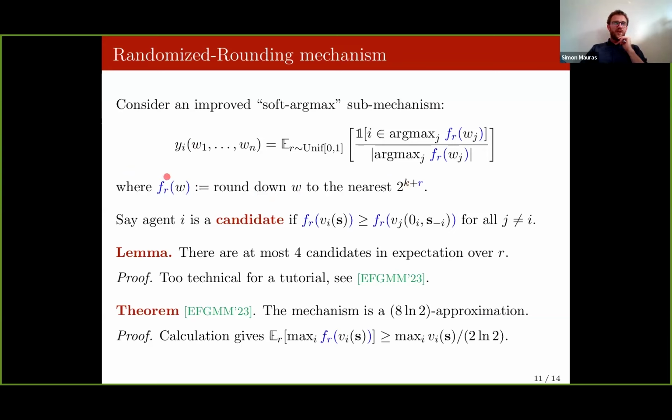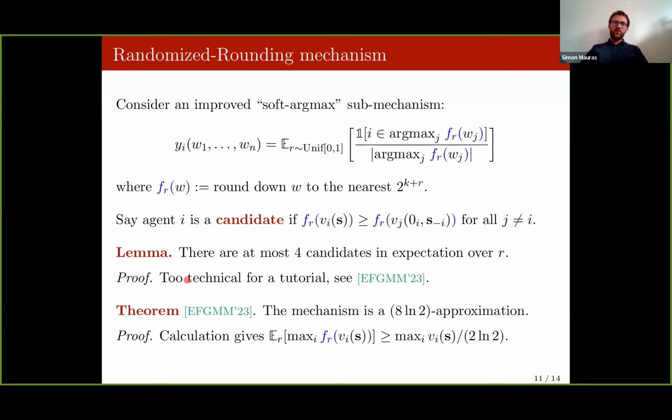I'm going to call FR this randomly rounding down function. And we're going to take the expected value over the random shifts of the powers of 2. Okay, and now we're in happy territory because we can show that there are at most 4 candidates in expectation if we use the randomness over R.